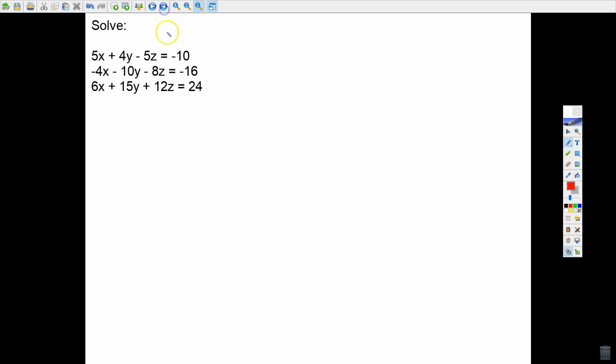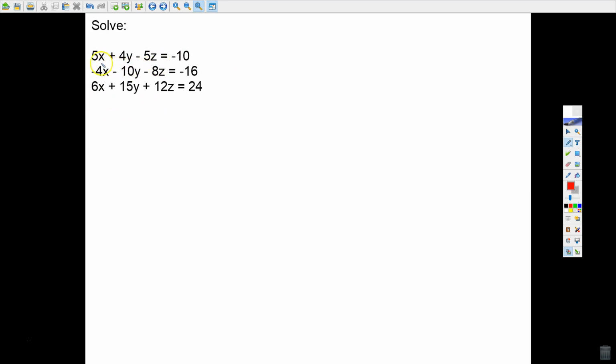Okay, let's move on to a couple other examples that represent what we might call kind of unusual situations. We're still going to go through the same thought process, and you try to identify a variable that looks like it might be the easiest to eliminate. And in this case, I don't really see anything that just jumps out as being easier than the others.